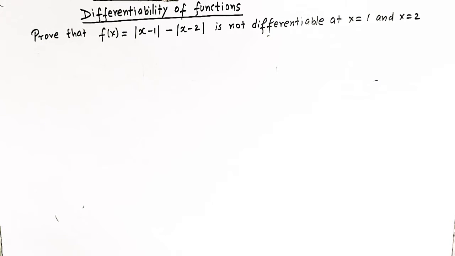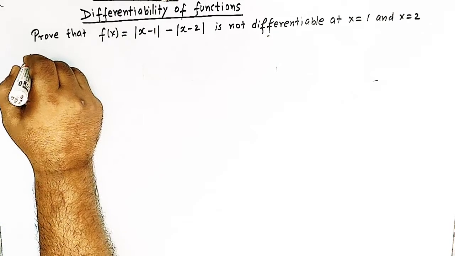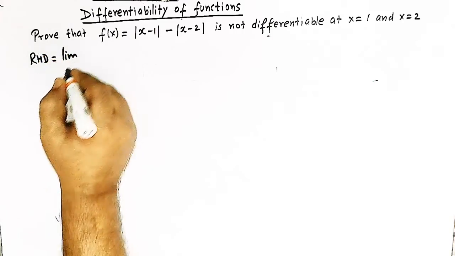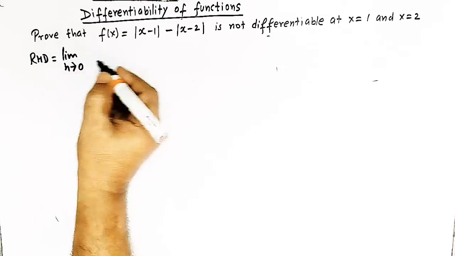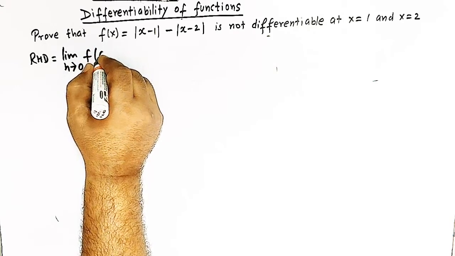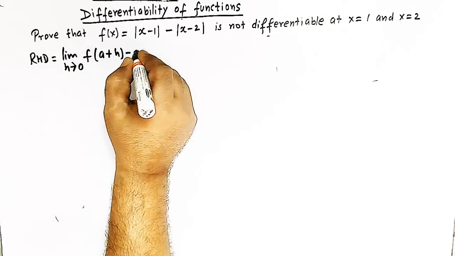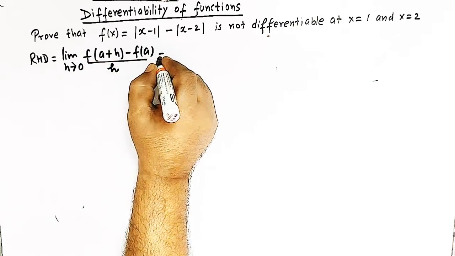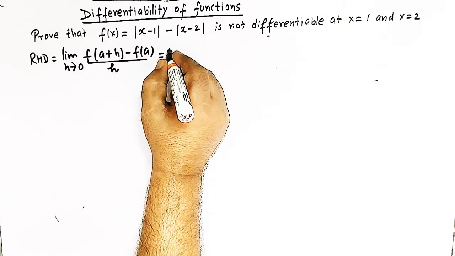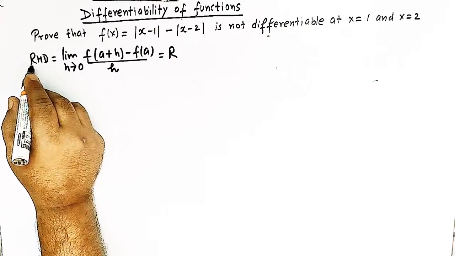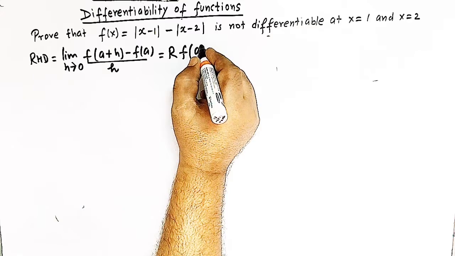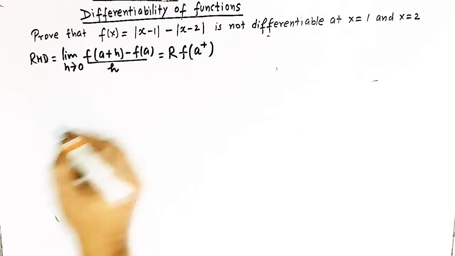So now let us first define the right hand derivative and the left hand derivative. The right hand derivative is defined by this limit, that is, limit h tends to 0, f of a plus h minus f of a divided by h, and here the notation may be taken as R for the right hand derivative, so we have f of a positive, right?